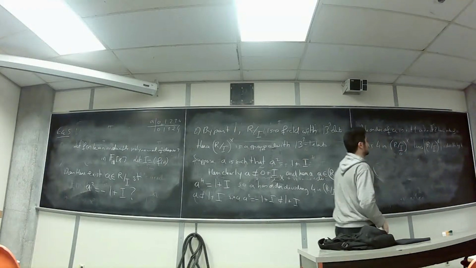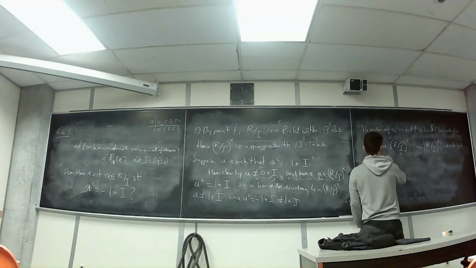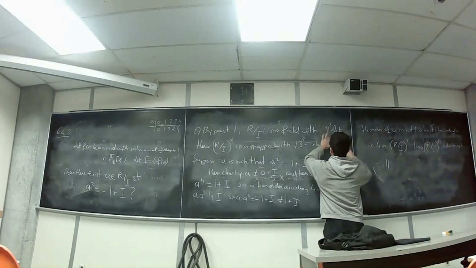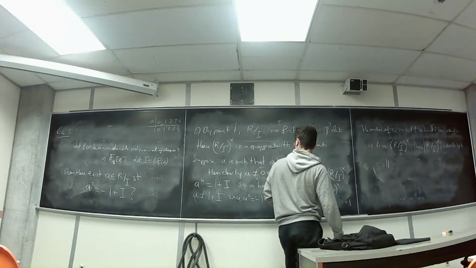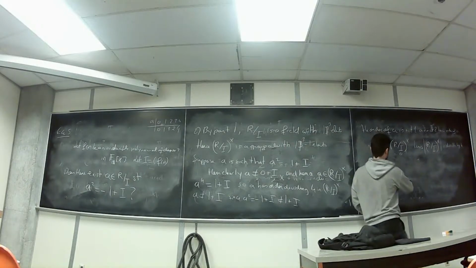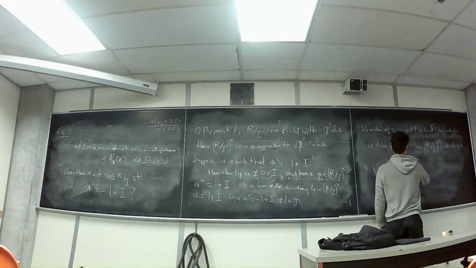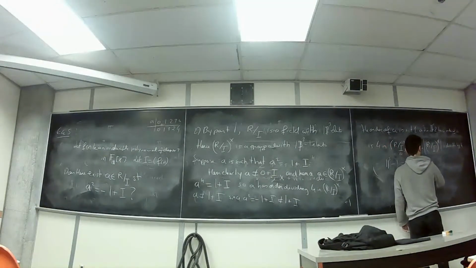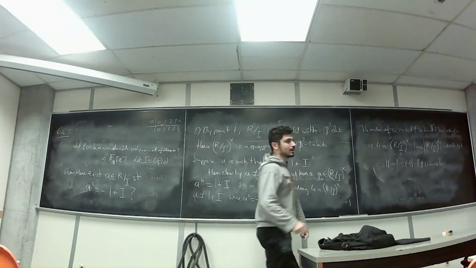Well, look at this. If R mod I has 11 cubed elements, the group has 11 cubed minus 1. Is it divisible by 4? 11 is congruent to minus 1 mod 4, so 11 cubed minus 1 is not 0 mod 4.